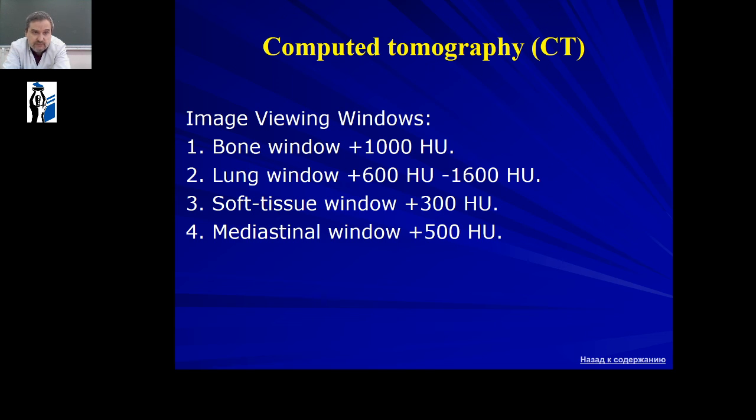Third image viewing window is soft tissue window, plus 300 Hounsfield units. And fourth main viewing window is mediastinal window, plus 500 Hounsfield units.